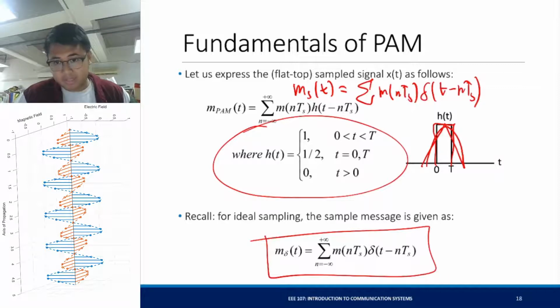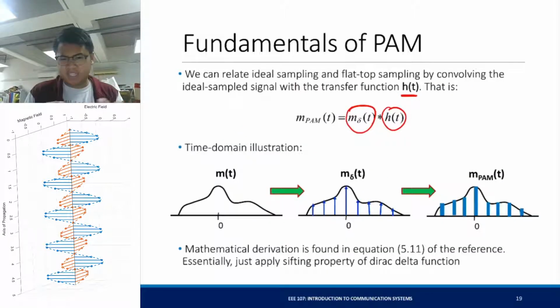These pulse shaping techniques are also studied in digital communication systems, where some pulse designs are more optimal than others. In the time domain illustration, your m of t will be sampled ideally, so it's multiplied to a pulse train, and then it will be convolved.